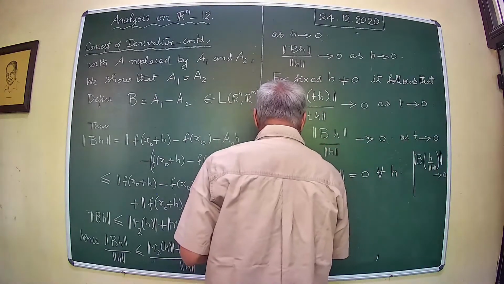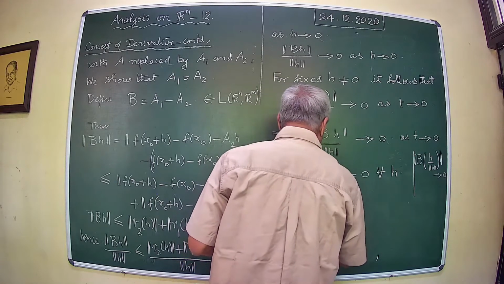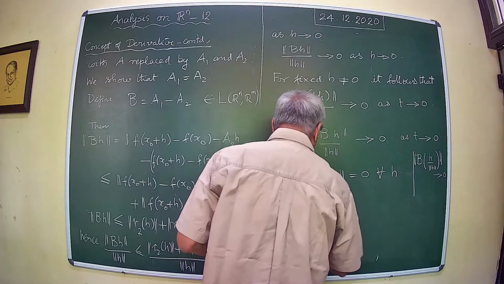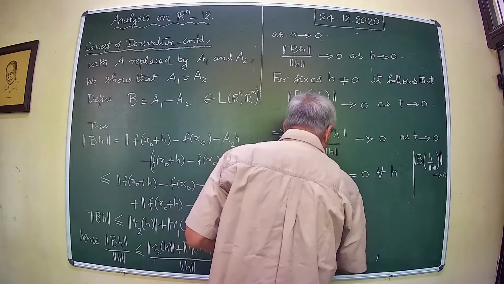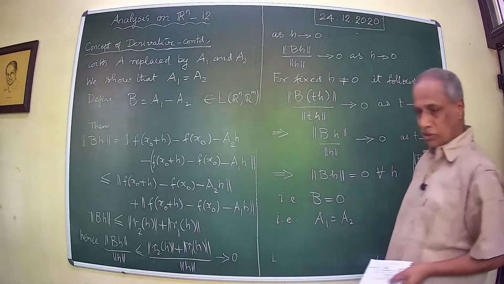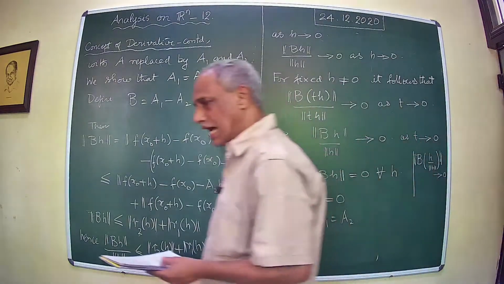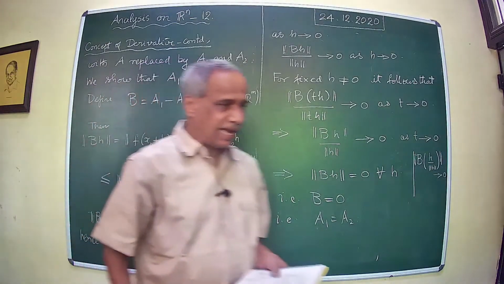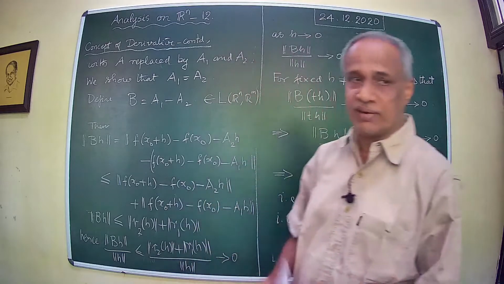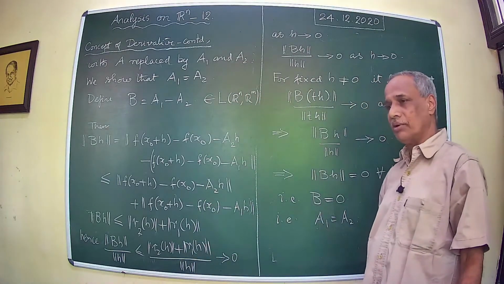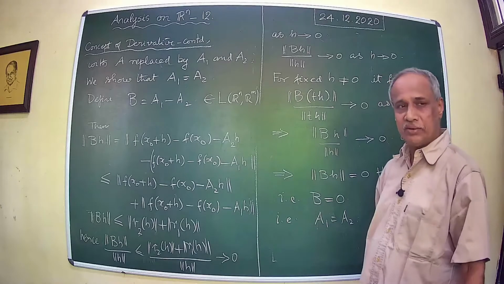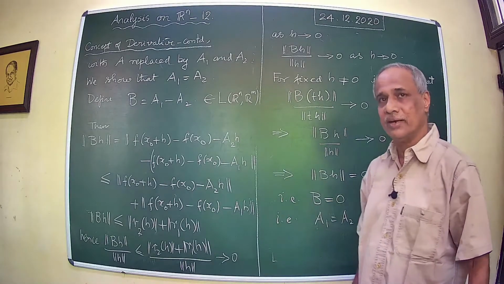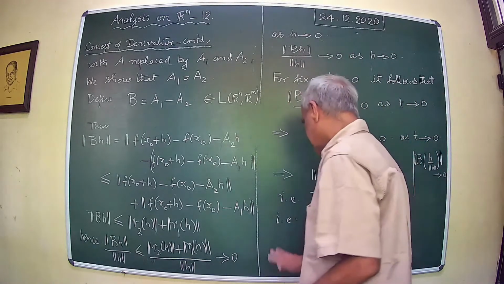That is, A1 equal to A2. So if the relation star holds with both A1 and A2, then A1 is equal to A2. In other words, if the function is differentiable at x0, then the derivative is unique.